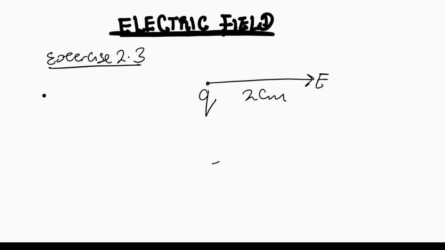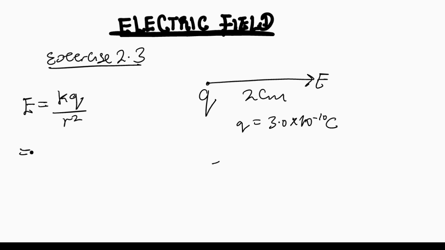Okay, now they gave us the charge Q to be equal to 3.0 times 10 raised to power minus 10 coulomb, right? So remember that E is equal to what? KQ over R squared, right? So K is 9 times 10 raised to power 9 times what's our Q?